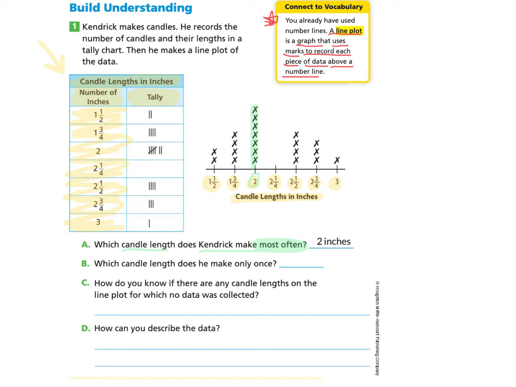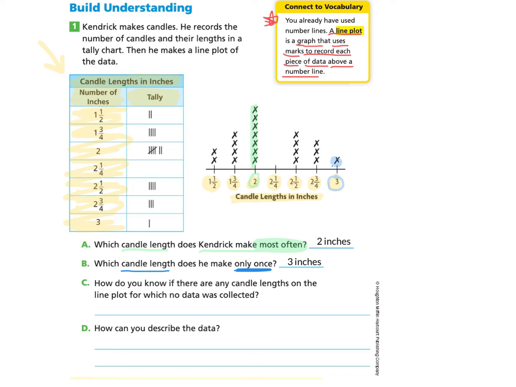Let's take a look at the next question. Which candle length does he make only once? So only one time. Well, that's easy to find. We see that there's 1 X right here. So he only makes this one once, and that would be 3 inches.